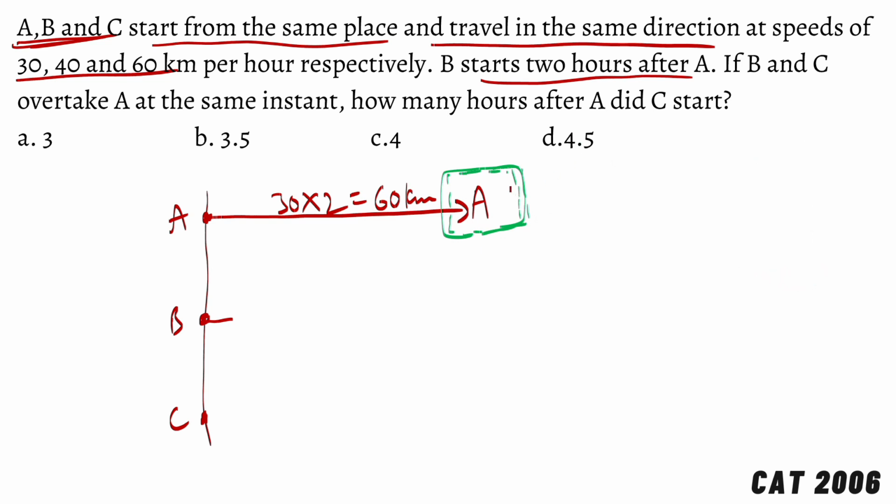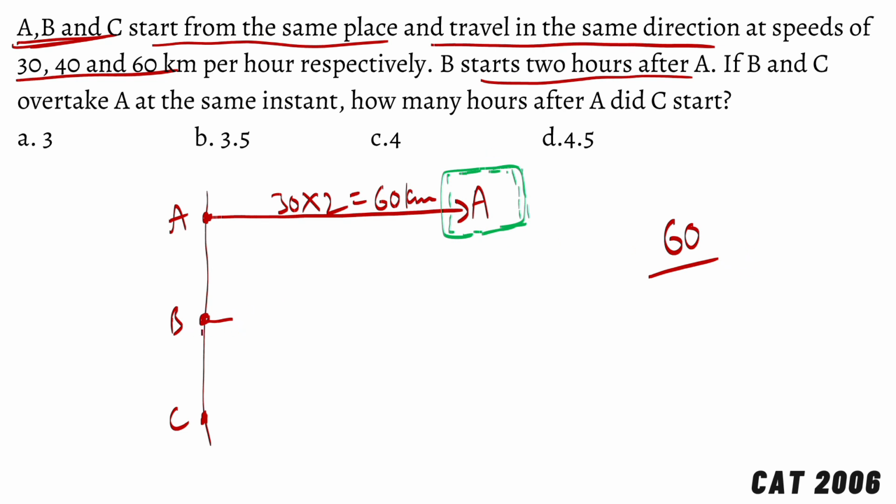So here, if we assume A to be stationary, how much time will B take to catch A? The distance is 60. As I told you, in the denominator, whenever we assume that the slow body is stationary, we shouldn't take speed, we should take relative speed.